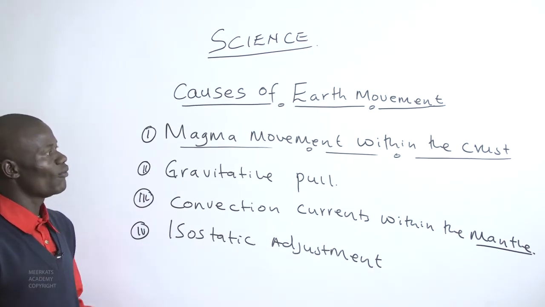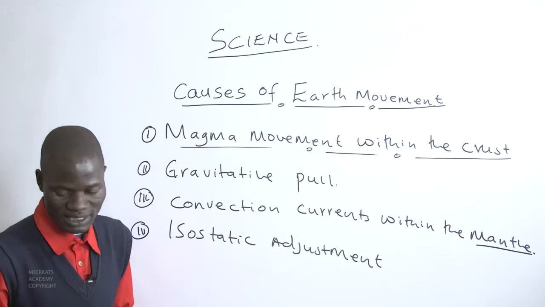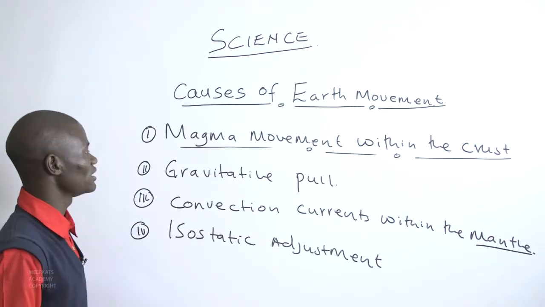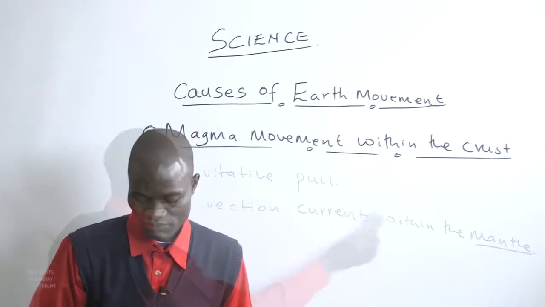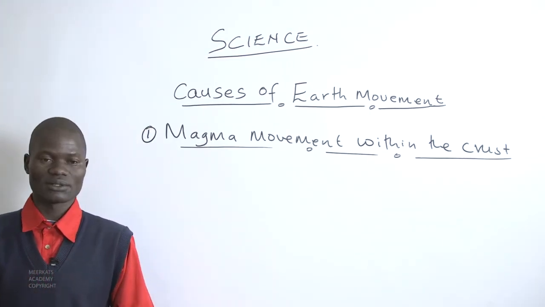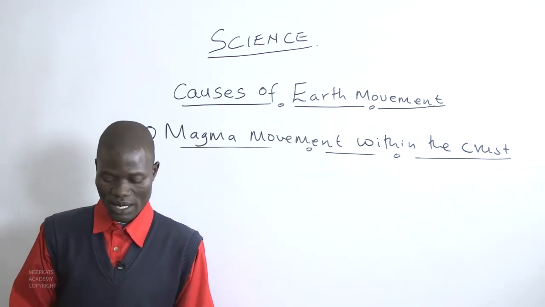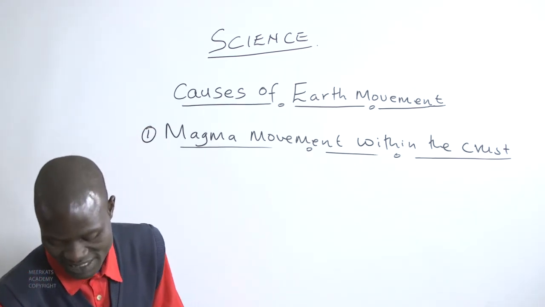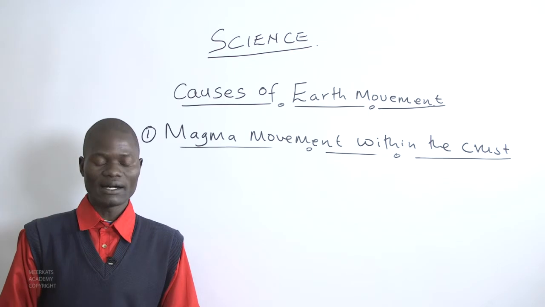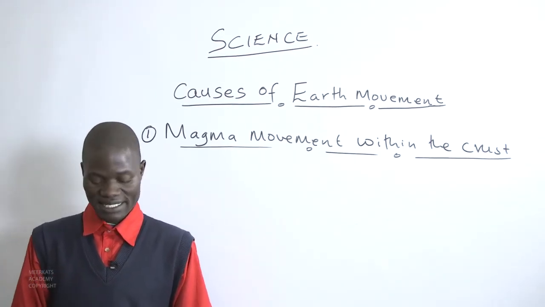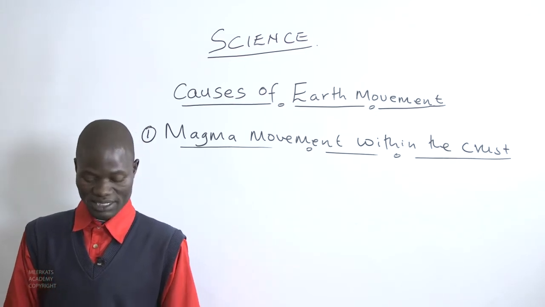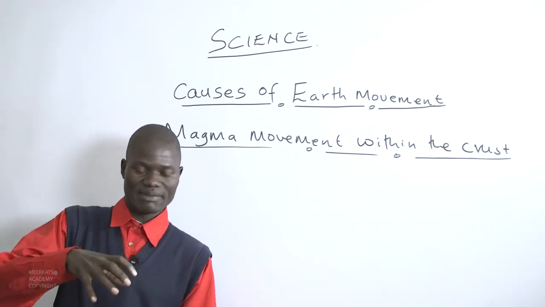Let's look at how magma movement within the crust may result in earth movement. The rocks in the mantle are believed to exist in a molten state called magma, due to the intense heat and pressure generated within the mantle.